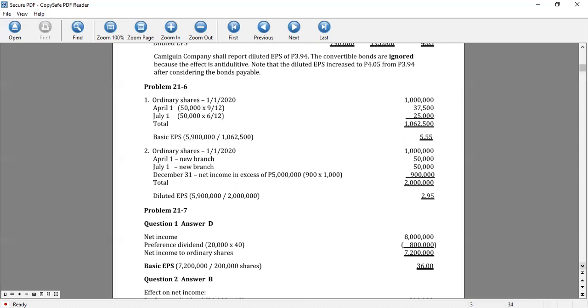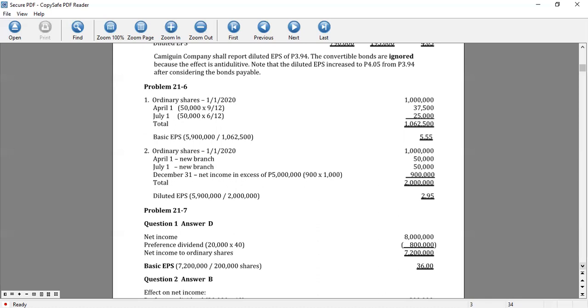So the total now is 1,062,500. So the basic earnings per share is 5.9 million divided by 1,062,500.